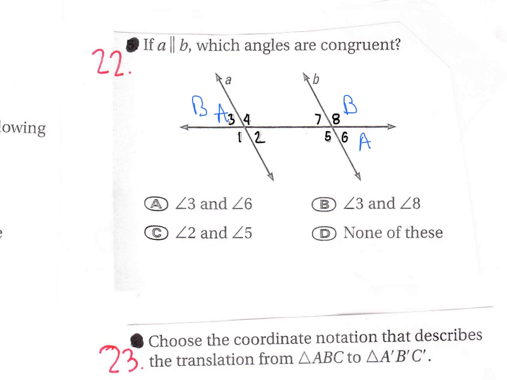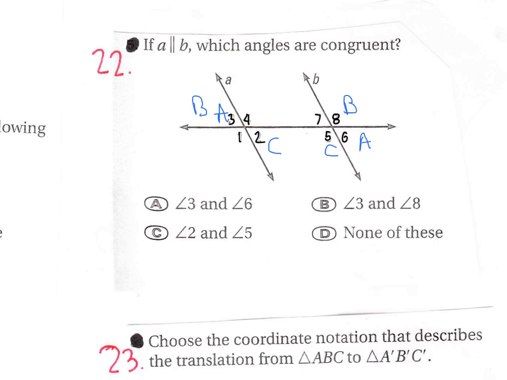Is it C, which is 2 and 5? Oh, shoot. Sorry, I wrote the wrong thing there. Meant to write letter C there. There we go, 2 and 5. Or is it D, none of them are equal or congruent? So look at the letters, they kind of help you figure out which ones are congruent.